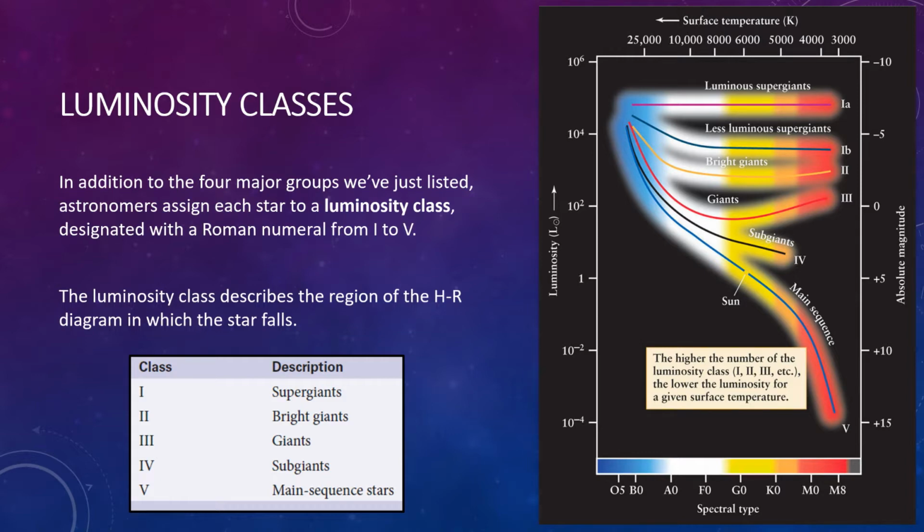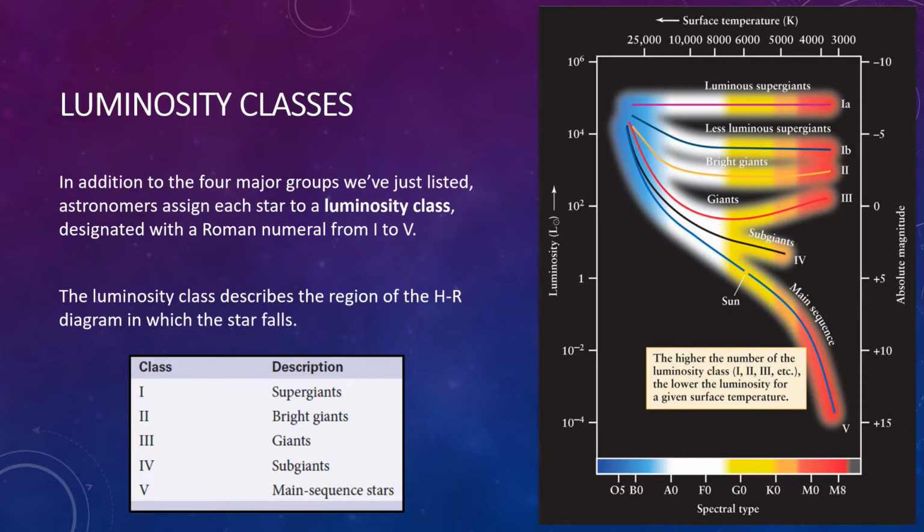For more precise work, astronomers therefore assign each star to a luminosity class, designated with a Roman numeral from I to V. The luminosity class describes the region of the HR diagram in which the star falls. Thus, despite the name, a star's luminosity class is more closely related to its size than to its luminosity. The basic luminosity classes are 1 for supergiants, 3 for giants, and 5 for main sequence stars.